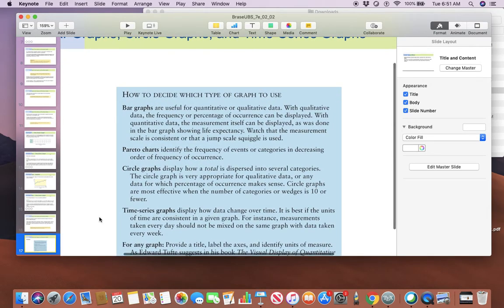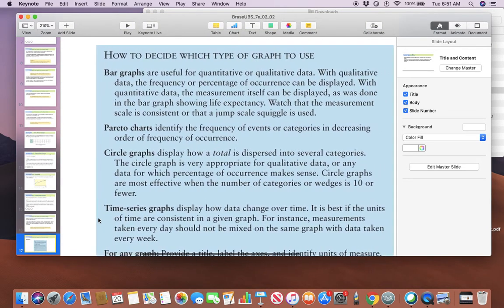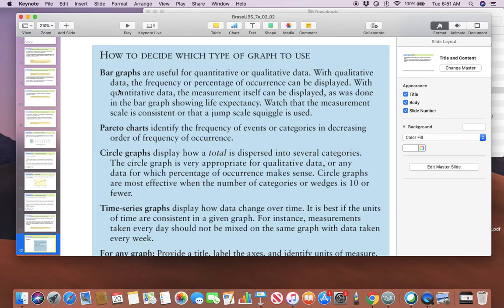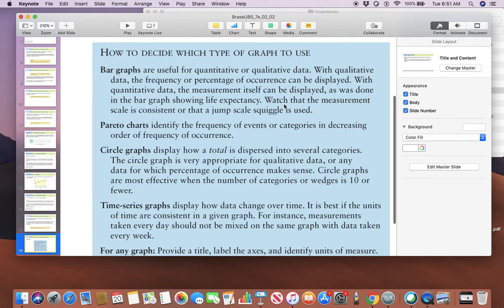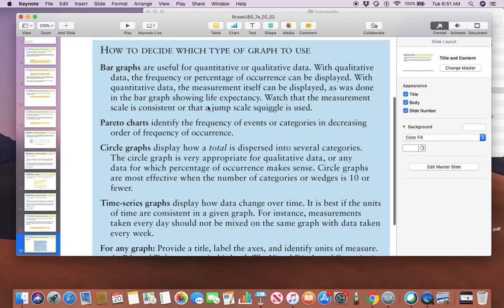Okay, how to decide which type of graph to use? Bar graphs are used for quantitative or qualitative data. With qualitative data, frequency or percentage of occurrence can be displayed. With quantitative data, the measurement itself can be displayed. Watch that the measurement scale is consistent, and that a jump scale squiggle is used if you are going to change scale.